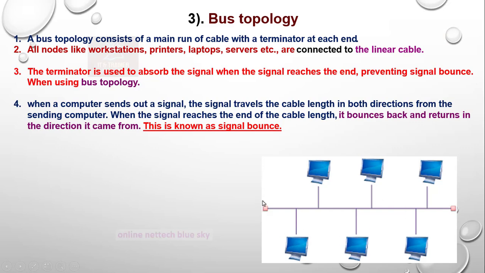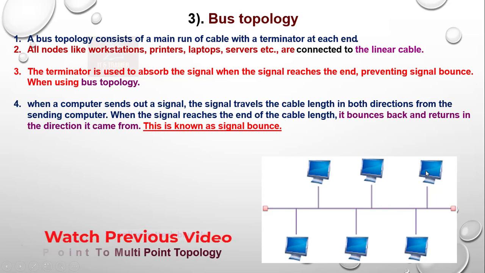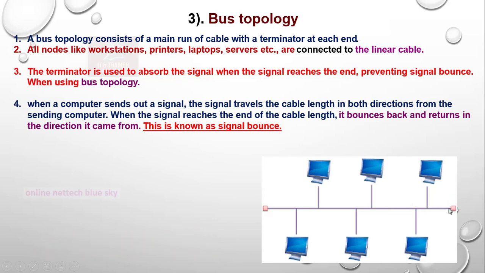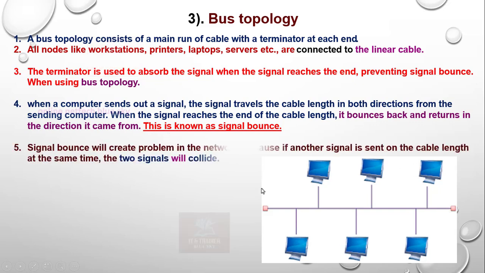So what is the main problem of the system? The signal reaches, this computer sends a file, the signal goes here, meets here, meets here, and this computer receives it. But what about this area side? The signal goes there, and the signal bounces, not forwarding and not going on.